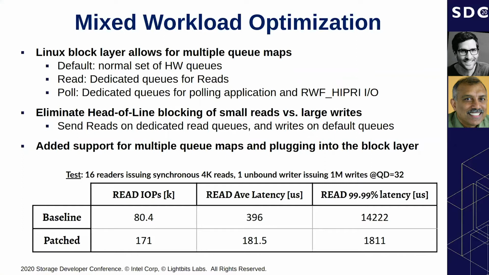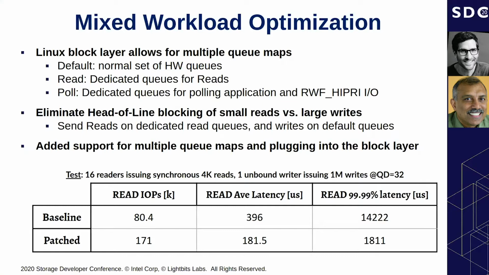To our help, the block layer now allows multiple queue maps or queue sets that will host different types of IOs. So we have three different maps that are available to us.